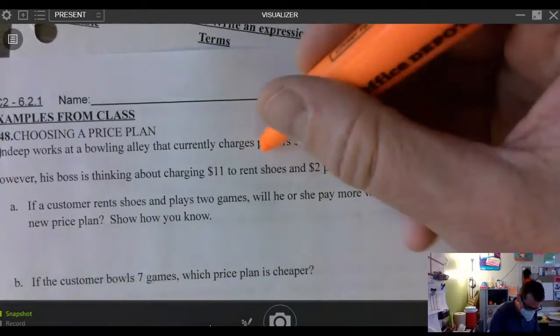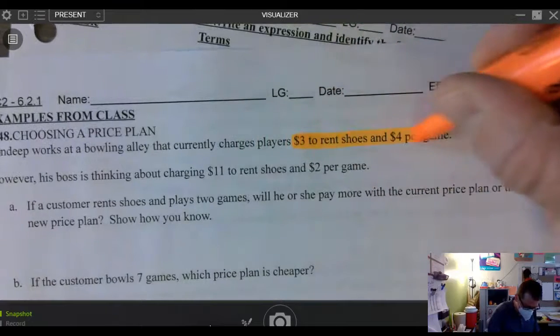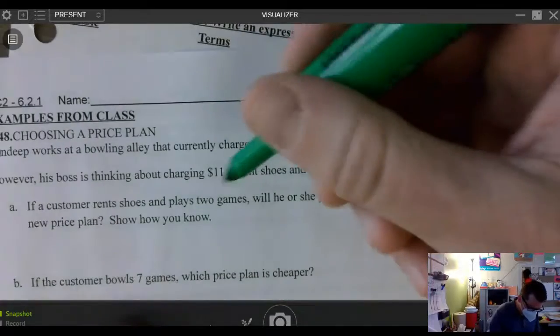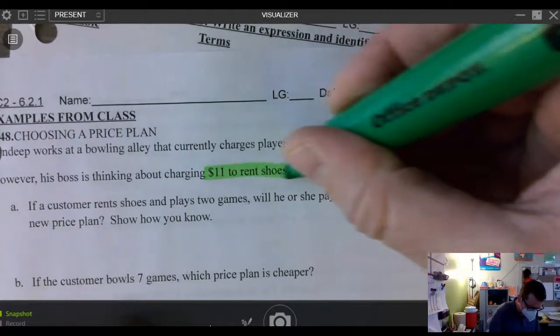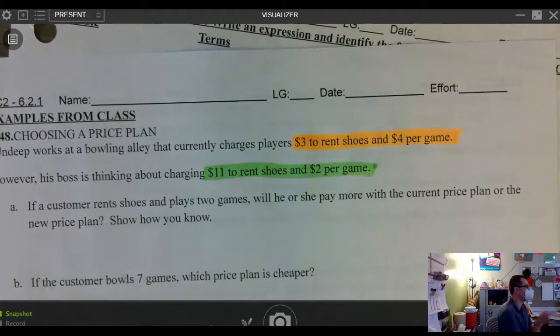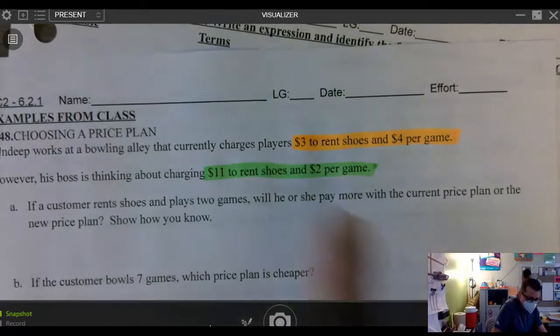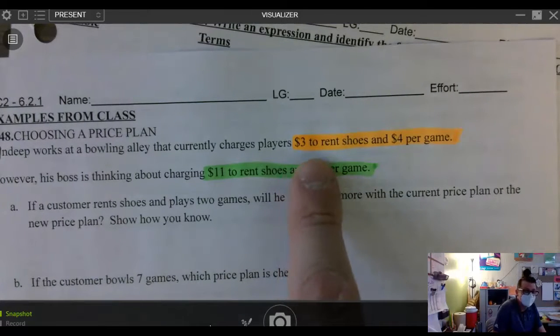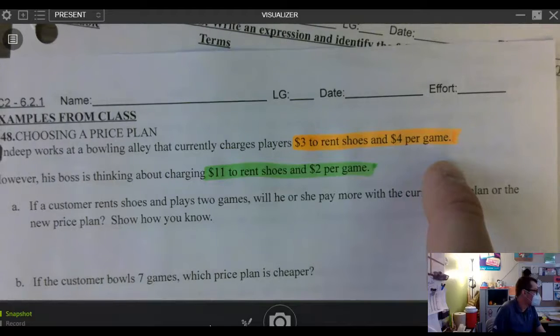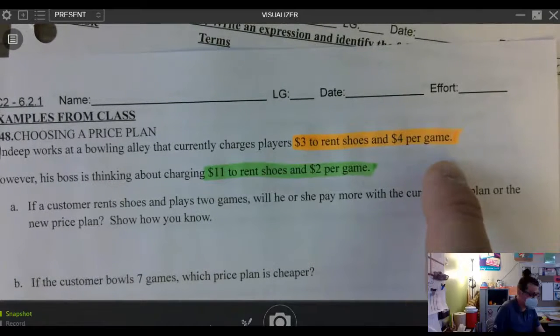If I was highlighting the important part on this problem: currently charges $3 to rent shoes, $4 per game. Versus $11 to rent shoes, $2 per game. How many pairs of shoes do you need when you go bowling? Yeah, so we only have to pay that once. How many games are you going to play? We don't know yet. Right?